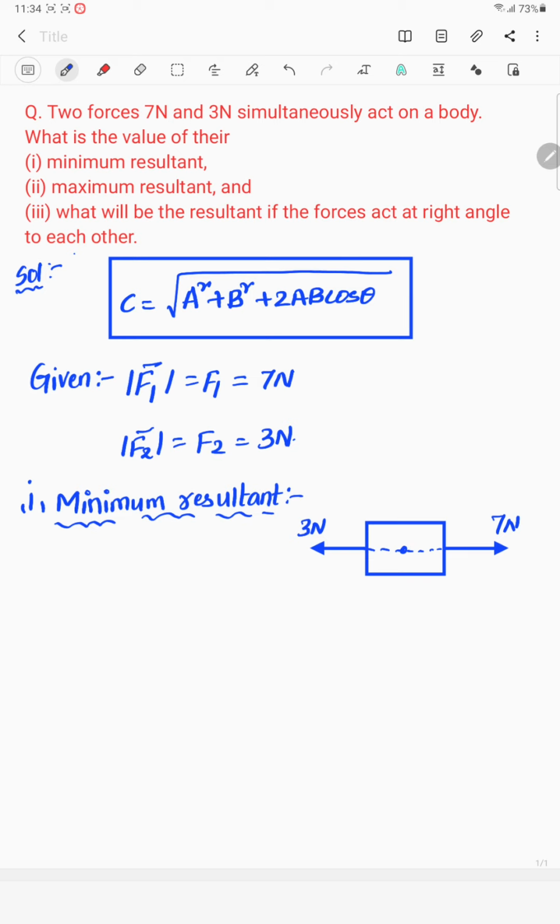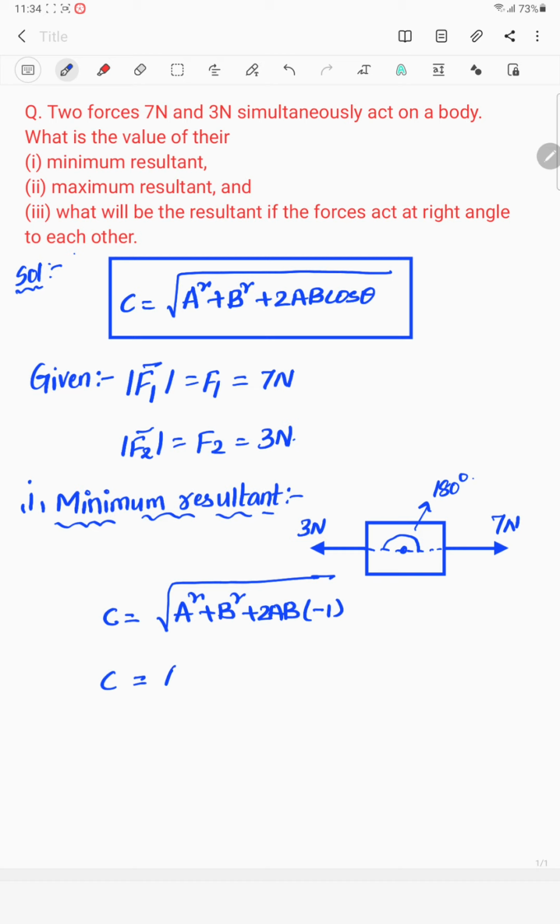The angle between the two forces is 180 degrees. Substituting, C is equal to the square root of a square plus b square plus 2ab cos 180 degrees. We already know that cos 180 is minus 1. So the term under the root turns out to be a square plus b square minus 2ab, that is, a minus b whole square.